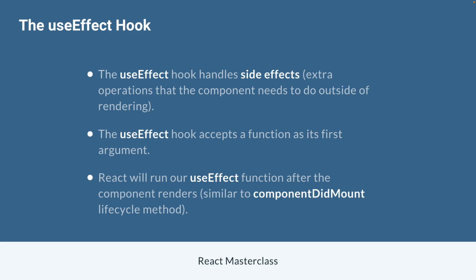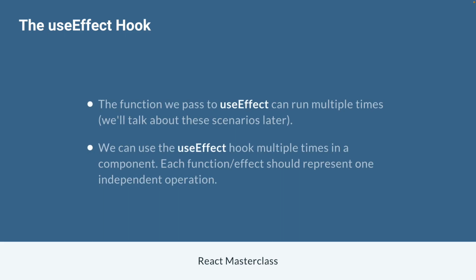So in that regard, useEffect is similar or comparable to componentDidMount. However, it's not quite the same thing because the interesting thing about useEffect is that the function that we pass to that hook actually has the potential to run multiple times. There are different scenarios under which it may run repeatedly.